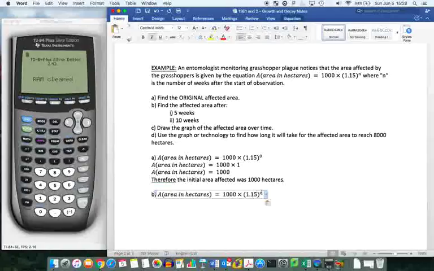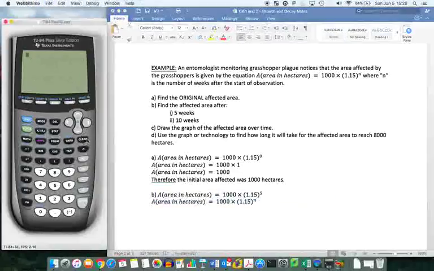B. To find the affected area after 5 weeks. So that's asking what the area is going to be when it's to the power of 5. Got a calculator here anyway, so let's do that. 1.15 to the power of 5 times that by 1,000.